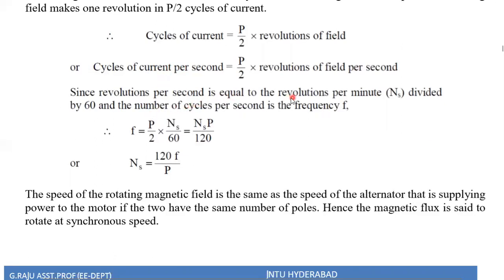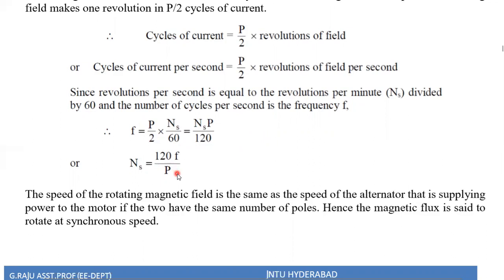So frequency f is equal to p/2 times revolutions of field per second, converted into revolutions per minute by dividing by 60. Then p/2 into Ns by 60 is equal to Ns times p by 120. That gives Ns is equal to 120 f by p.